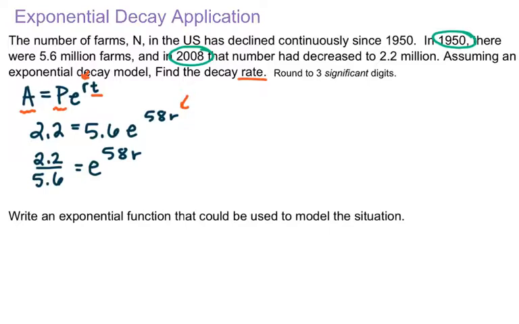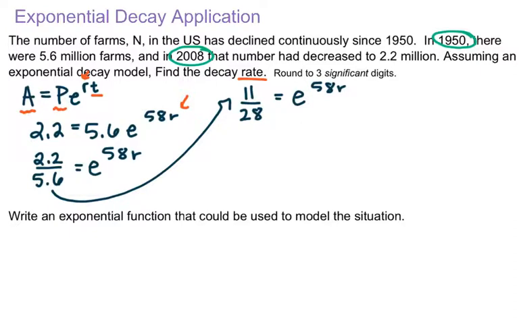And I can use my calculator or some simple algebra to rewrite that fraction as 11 over 28. You could multiply by 10 over 10 and then reduce that by dividing both of those terms by 2. So we end up here with 11 over 28 equals E to the 58R.